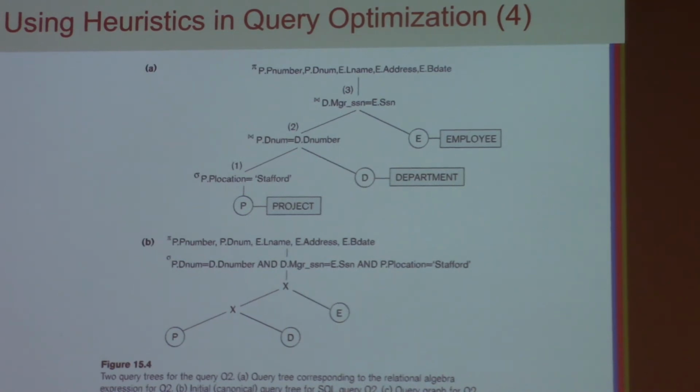So which means in the heuristic approach, if we lower down the operation that rules out, that eliminates the data, we process it as soon as possible. This is the idea of a heuristic approach in the query optimization.